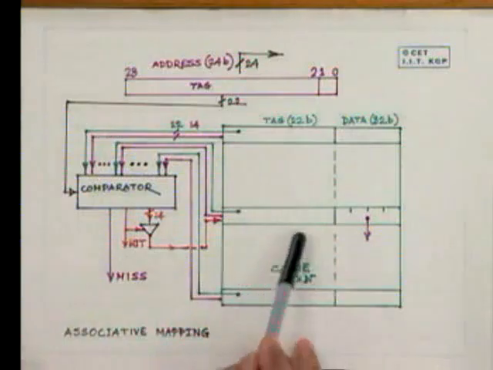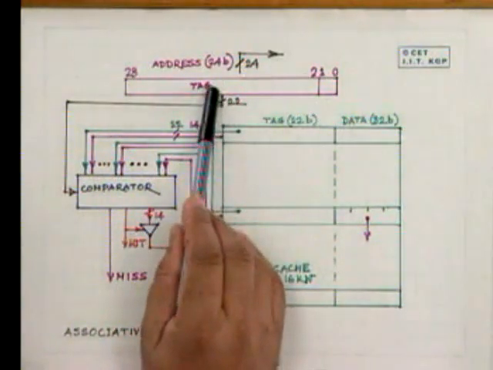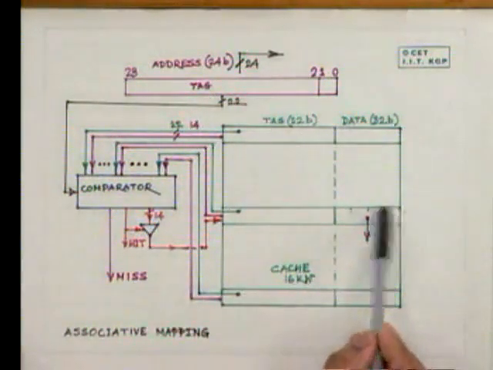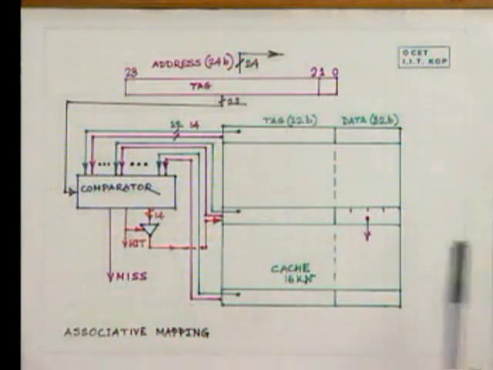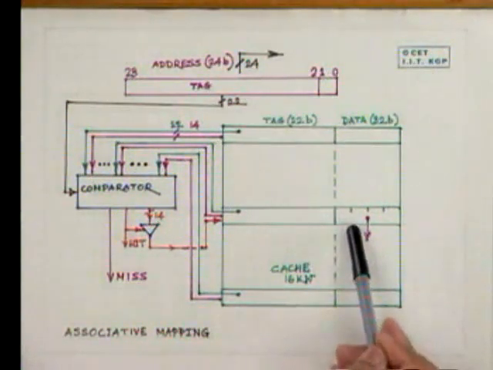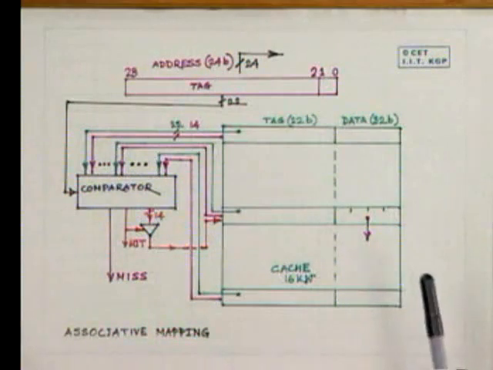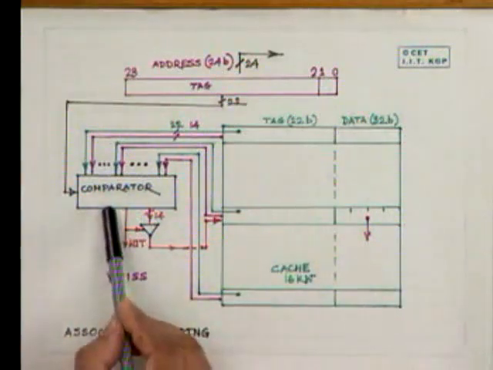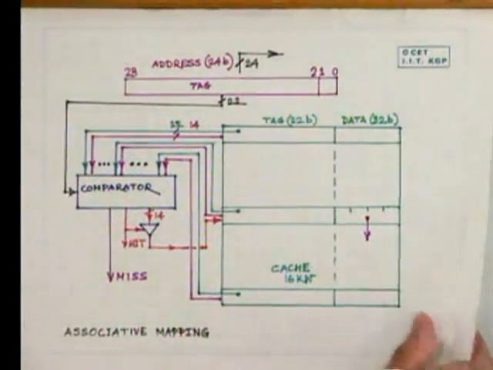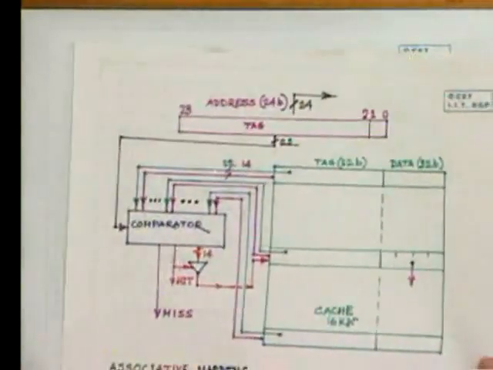That means whose tag field should be replaced, and whose data field should be replaced by the data field of the recently fetched address, if there is a miss. Now there are several algorithms for this. We call them replacement algorithms.